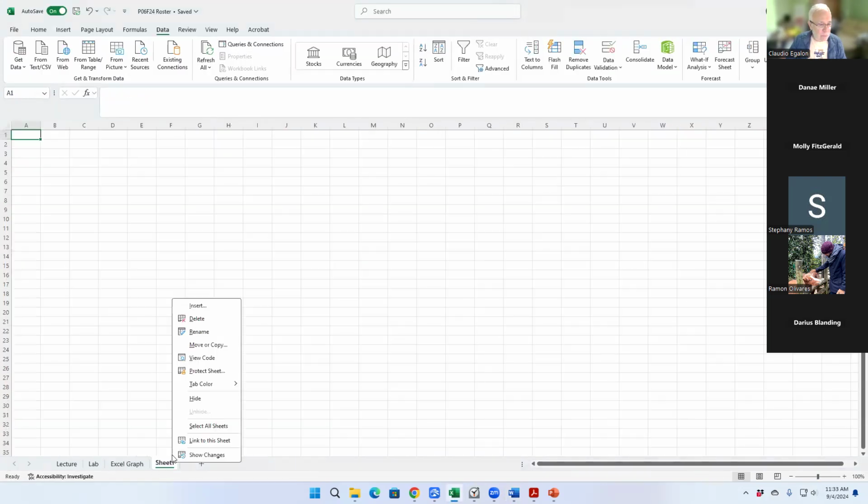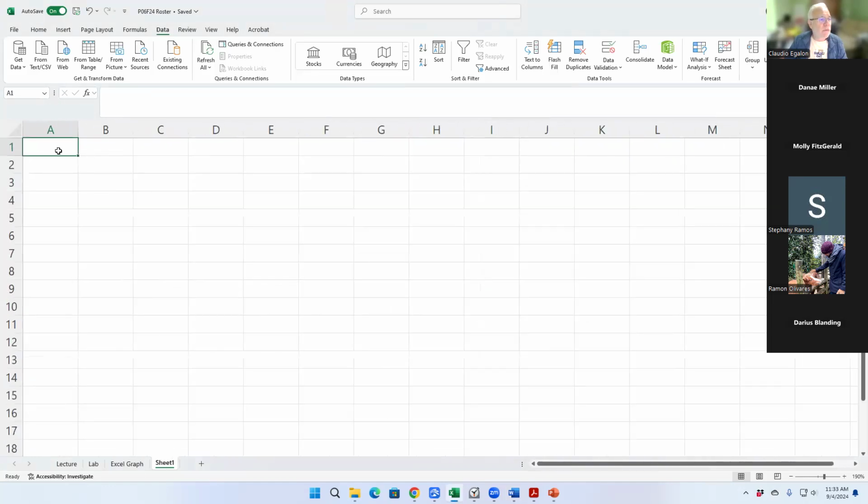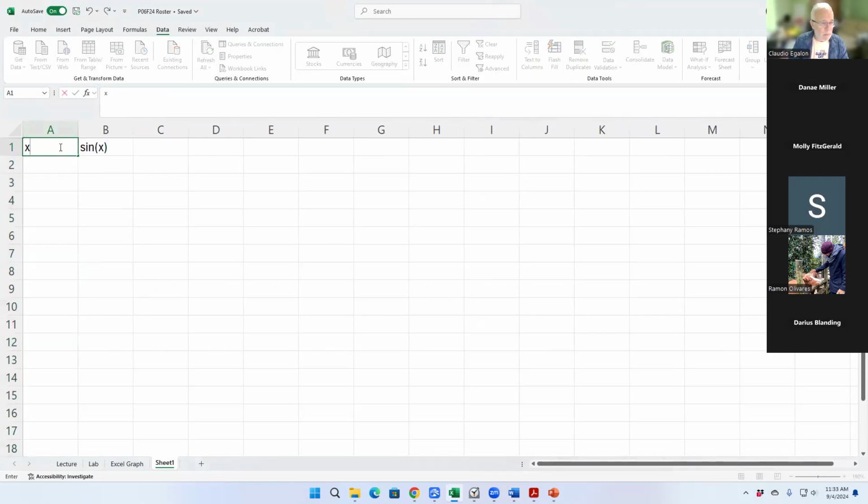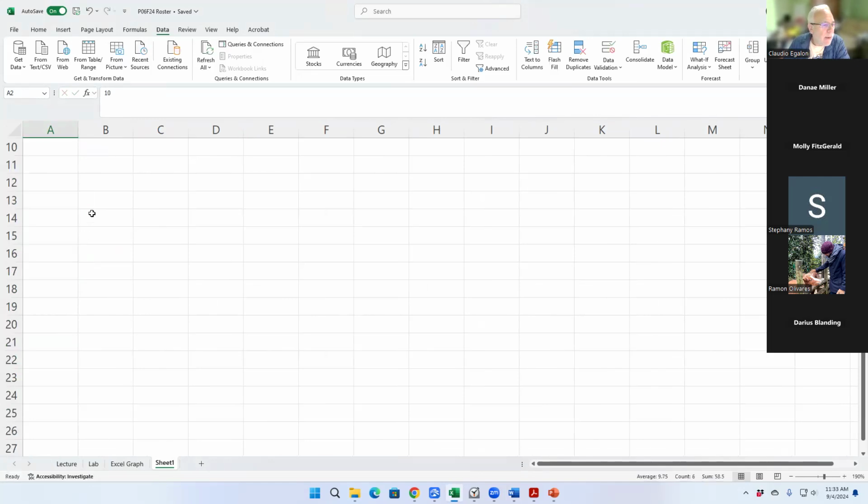Okay, so here we go. I'm going to do the following. I'm going to put sine of x here. Even better, I'm going to put x as well. And I'm going to start with the number 10, then 9.9, 9.8, 9.7, and so on.